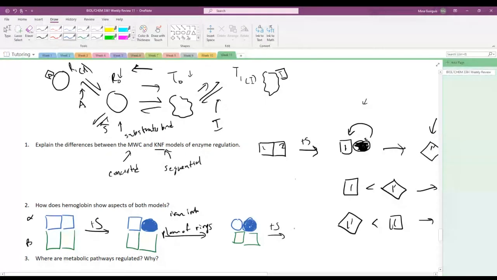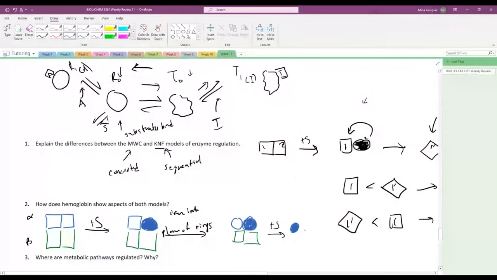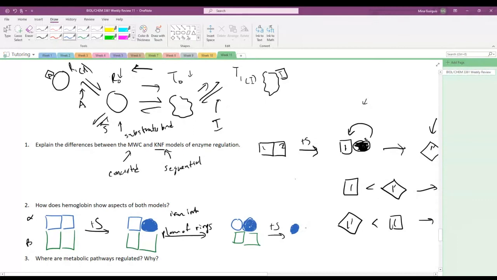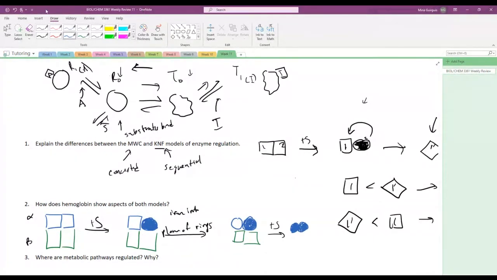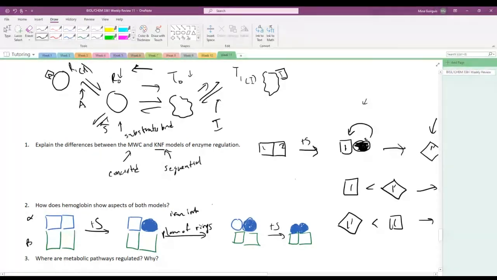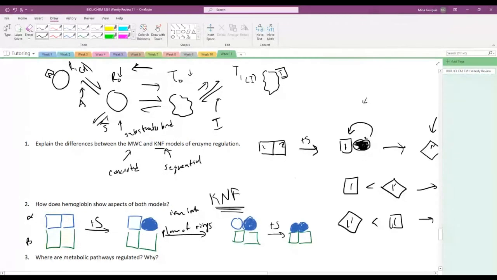Now we've got two of the subunits of hemoglobin bound to two oxygens. At this point, all we've been doing is the KNF model. So this whole thing has been KNF, right?